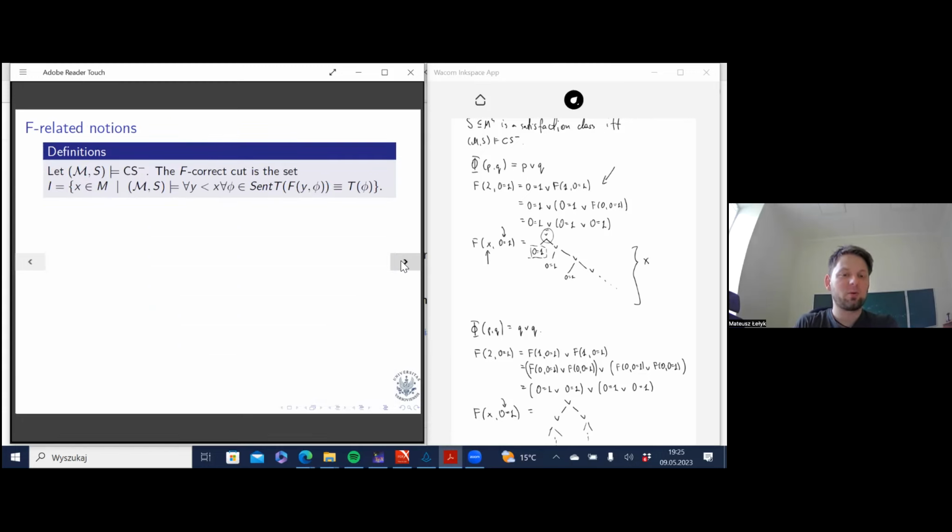Now the crucial definition for the main result. Suppose we have a model of CS minus, so a model with a satisfaction class.